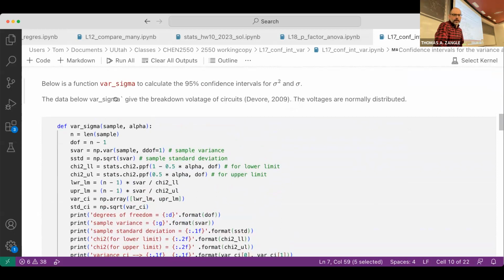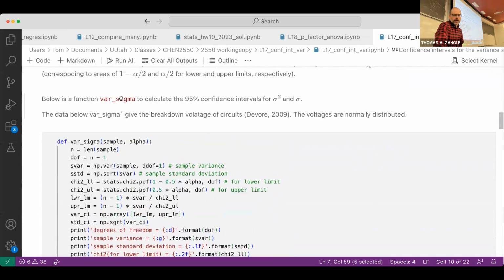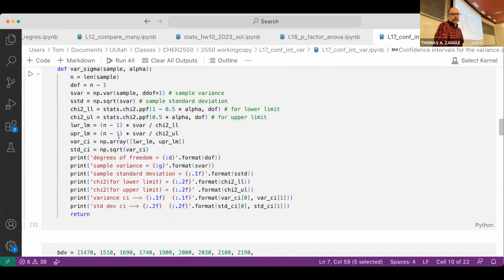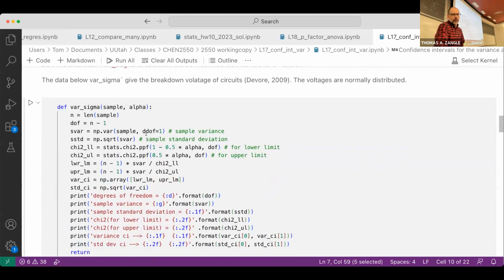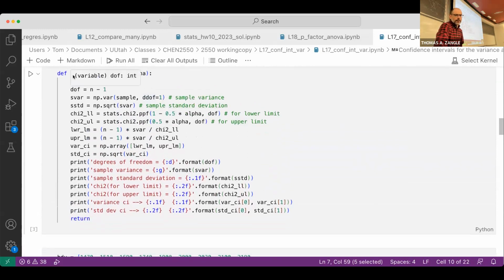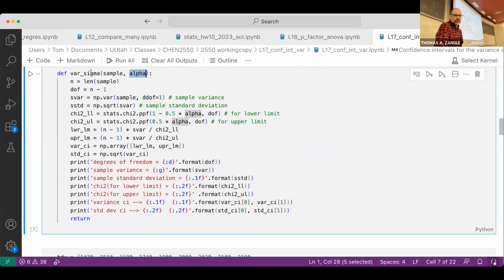So we have an example here. The formula that was up above in equation 1 is put into practice in this code block to find our confidence interval on a standard deviation sigma. It takes as its input some sample data set and the confidence level. You'll notice it's finding degrees of freedom as the length of the sample minus 1, just as we had for the t-test.